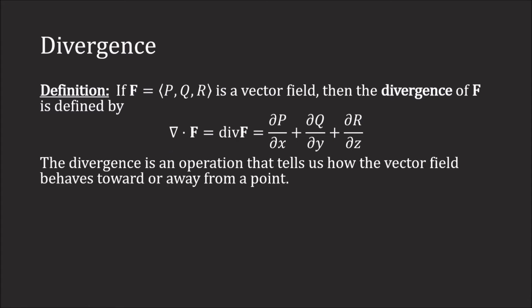The divergence is an operation that tells us how the vector field behaves toward or away from a point.